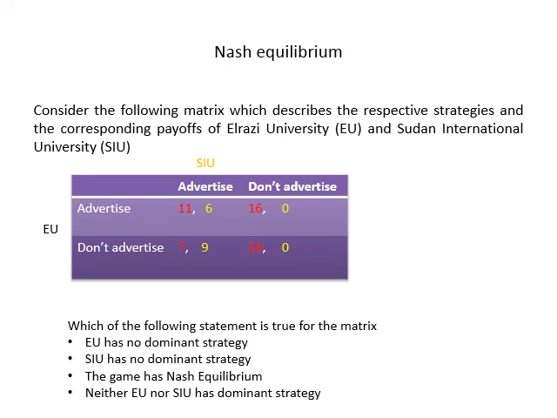Again, Nash equilibrium. Consider the following matrix, which describes the respective strategies and the corresponding payoffs of El Razi University, EU, and Sudan International University, SIU.